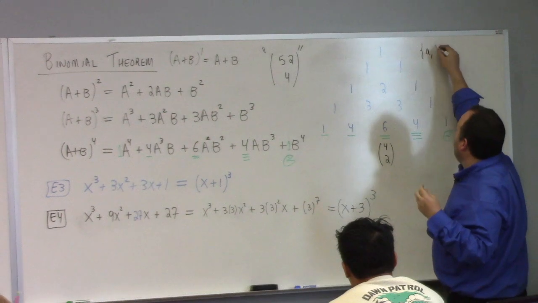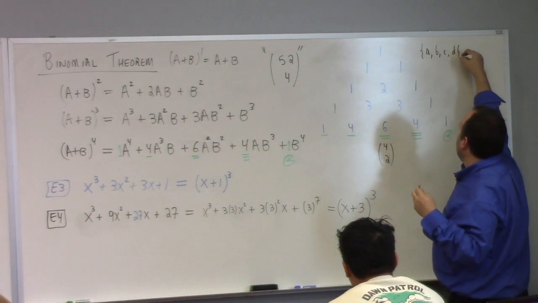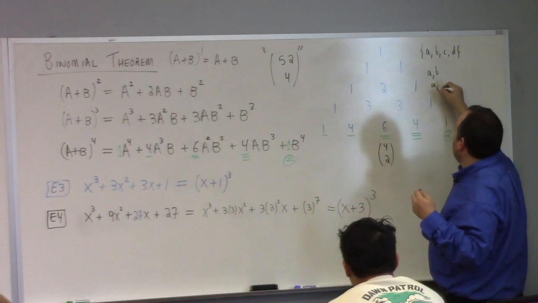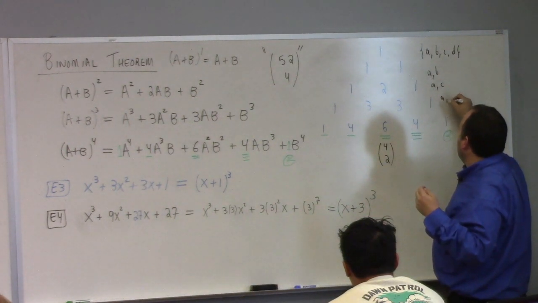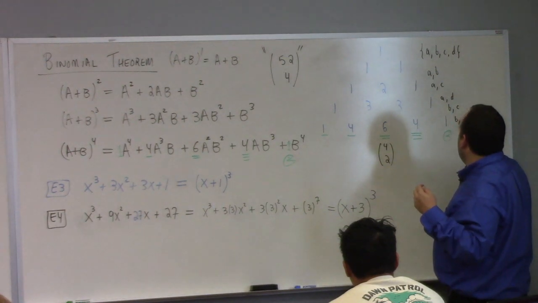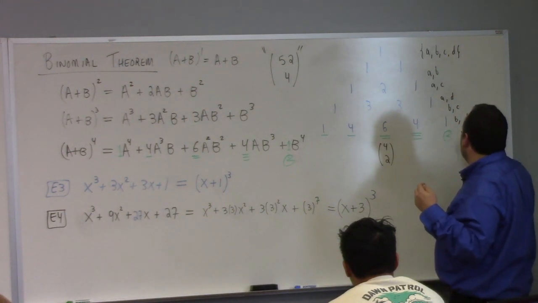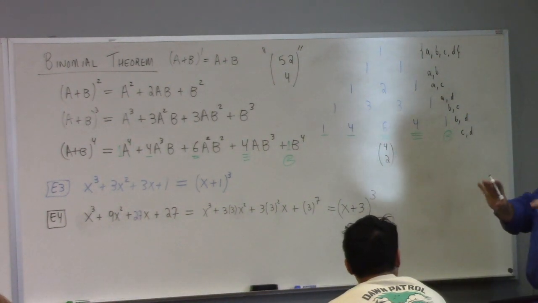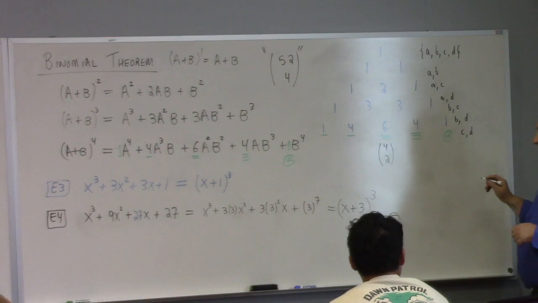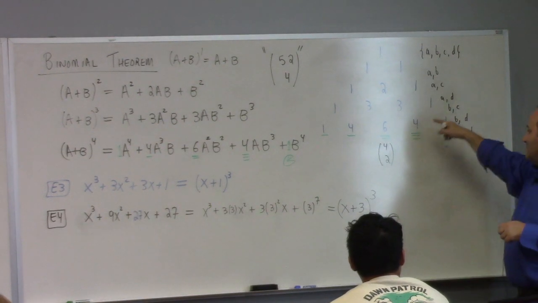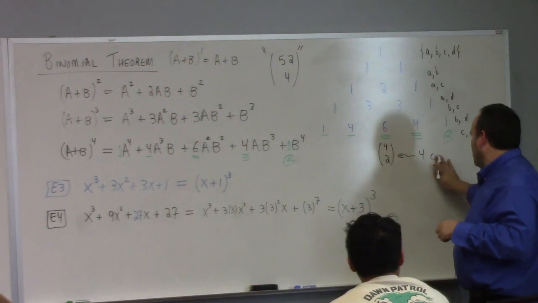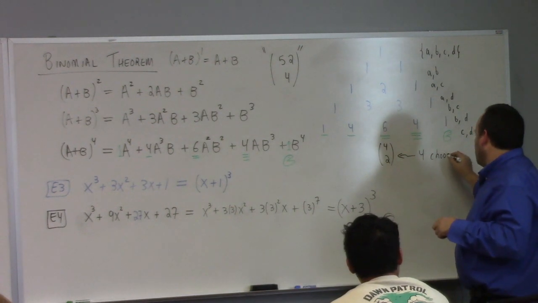If you have A, B, C, D as your objects, you can do A with B, A with C, A with D, B and C, B and D, or C and D. You do not need to write this down. Relax. This will not be tested. This is called 4 choose 2. What's that triangle called again? That's Pascal's triangle.